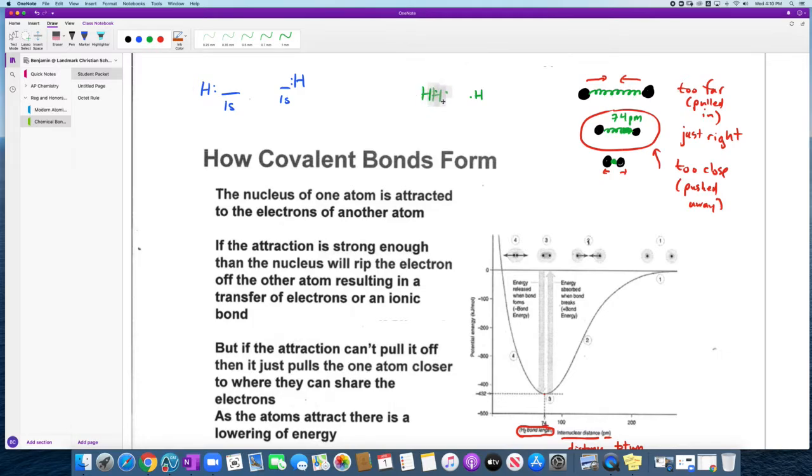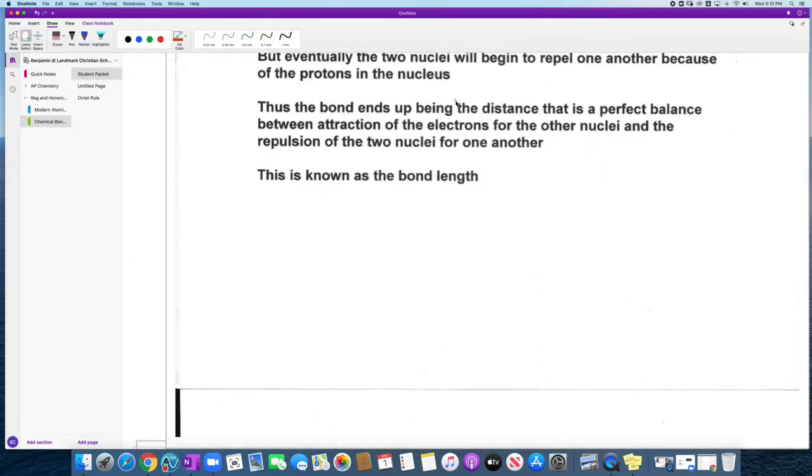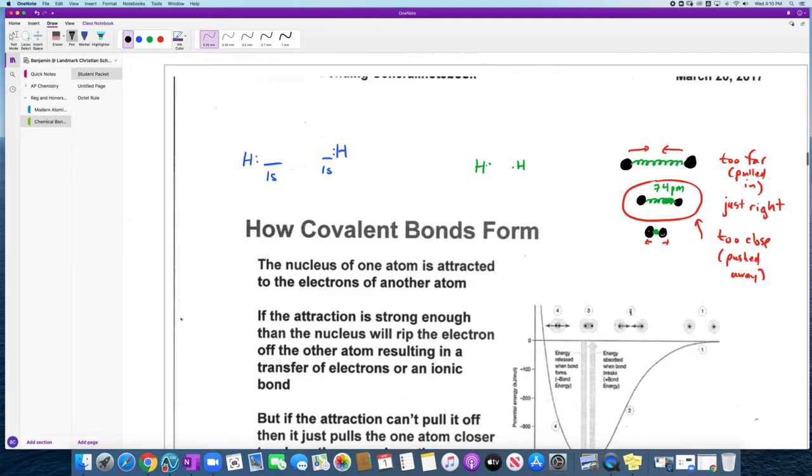So this electron on this hydrogen atom, it's in the 1s orbital. I'm going to draw it right here, okay? But there is room for another electron in the 1s orbital. This hydrogen atom also has an electron in its 1s orbital, okay? But there's room for another electron in that same 1s orbital.